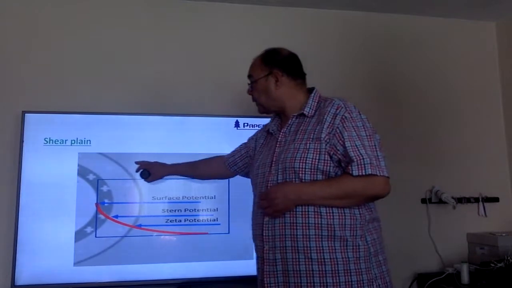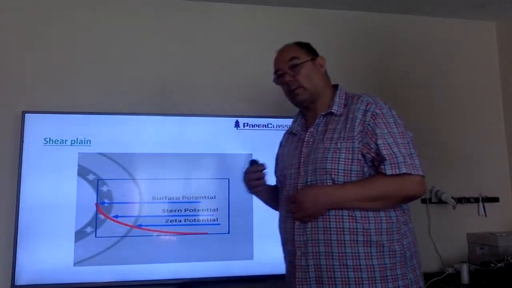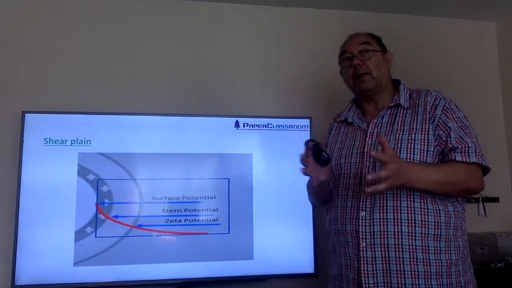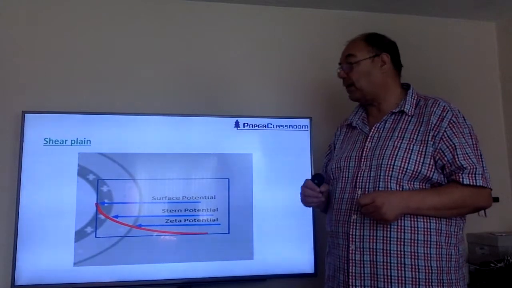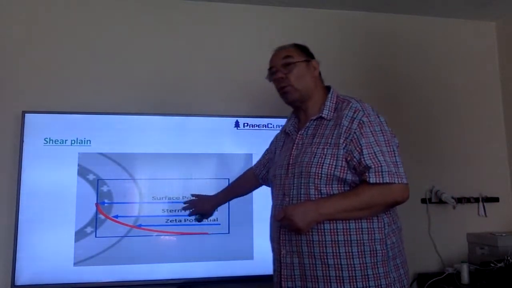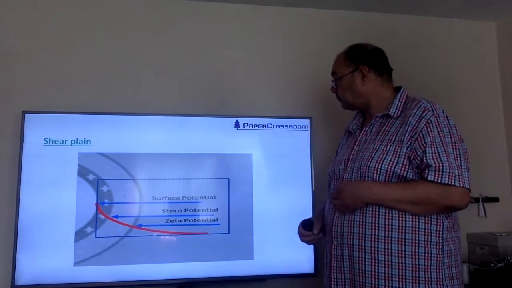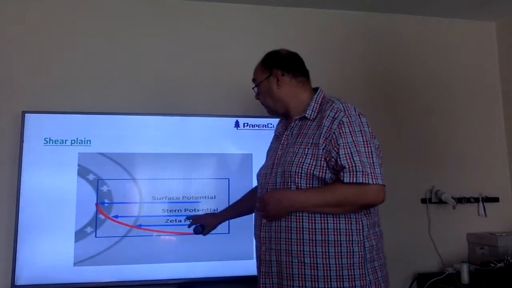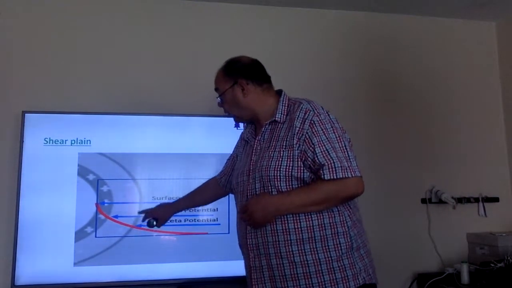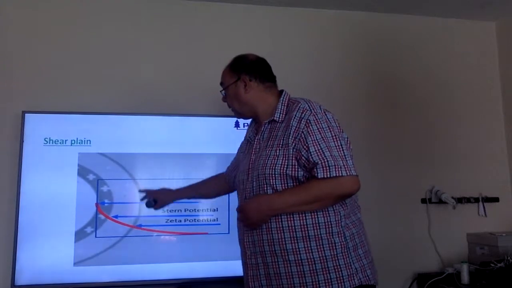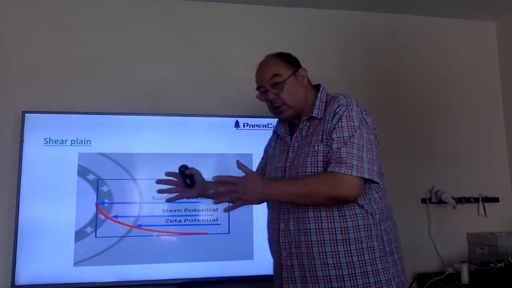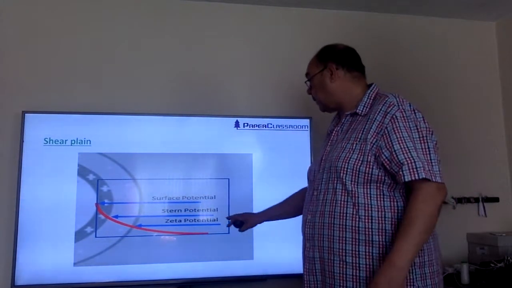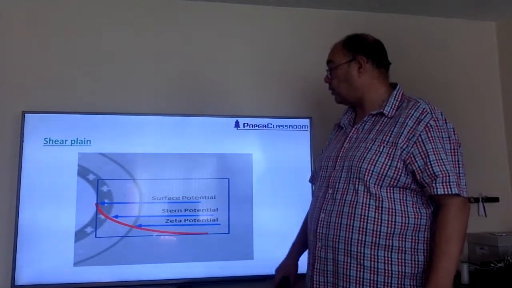So there is a point at which the water will be held close to the particle, and beyond that the water is not held. And that there is known as the Gouy-Chapman layer. And this shear plane is where zeta potential is measured to.